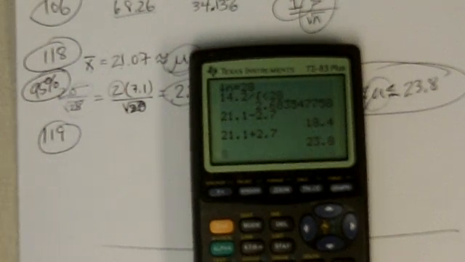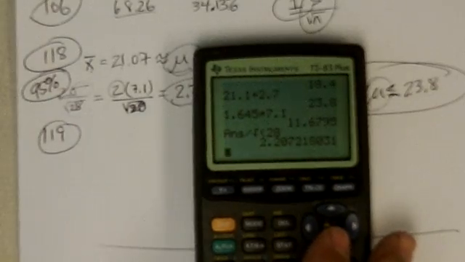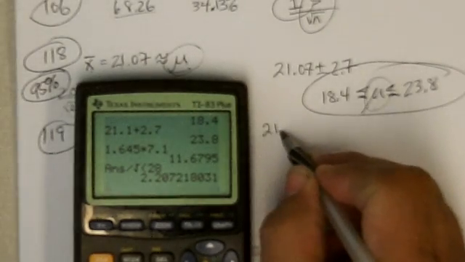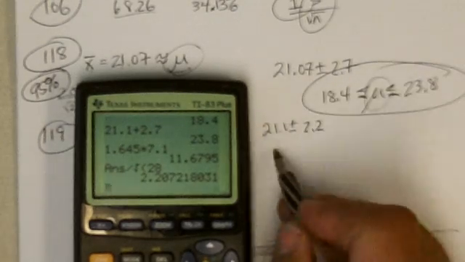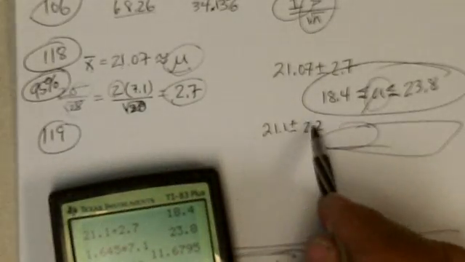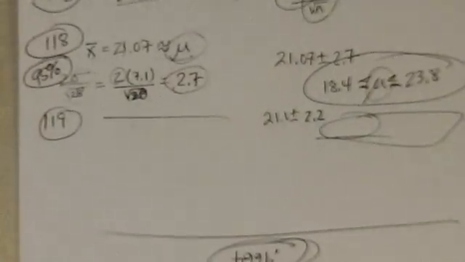So we're going to have 1.645 times 7.1, I'm rounding here quite a bit, divided by the square root of 28, and I go plus or minus 2.2 to the 21.1. I think you could do the math to figure out the interval then. Add 2.2 and subtract 2.2 from 21.1, and that would be 119.